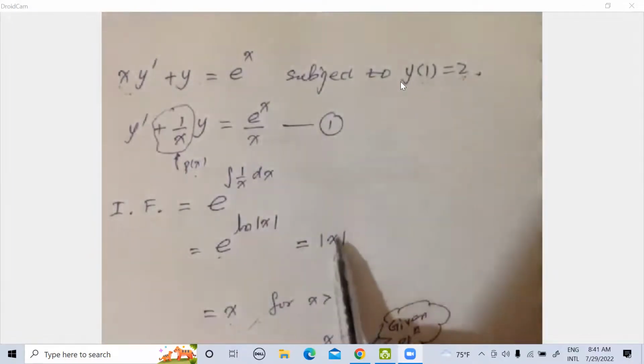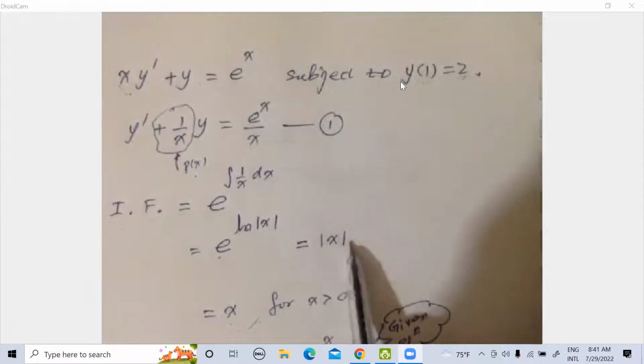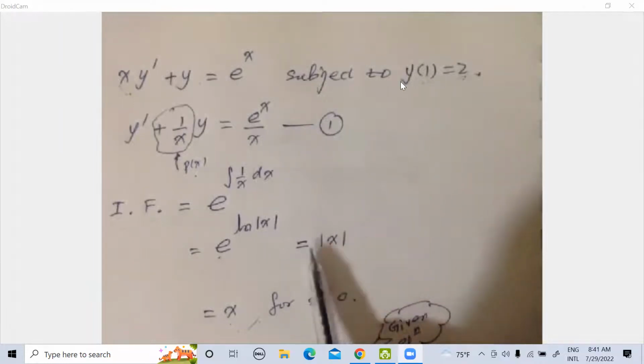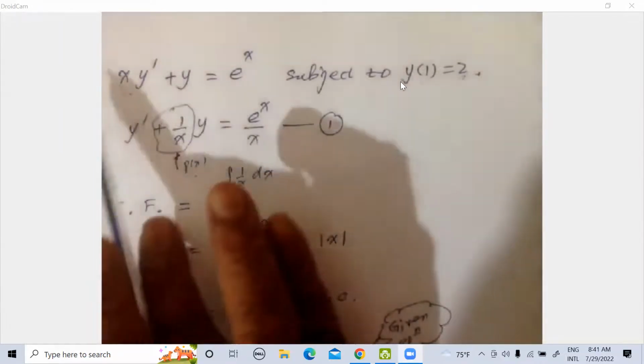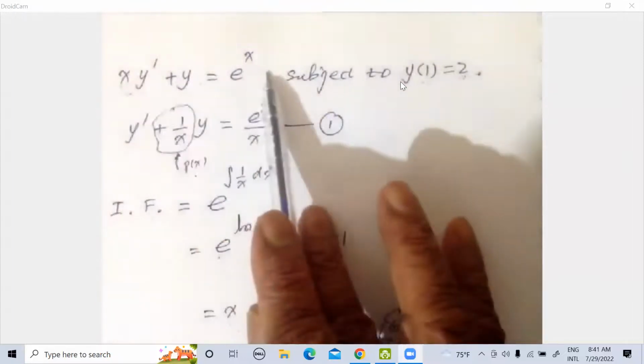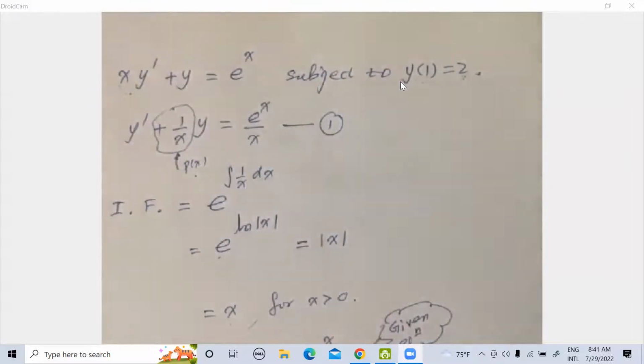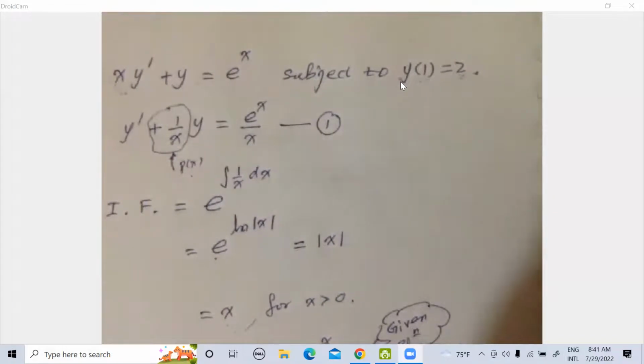After coming here, you can just pick the integrating factor to be x, whether it is x or minus x, when you multiply the whole thing you get only x there.